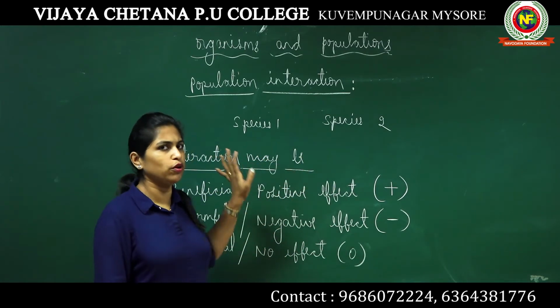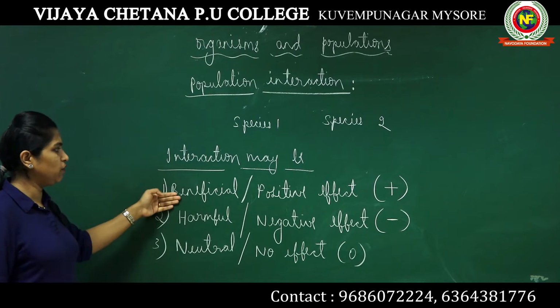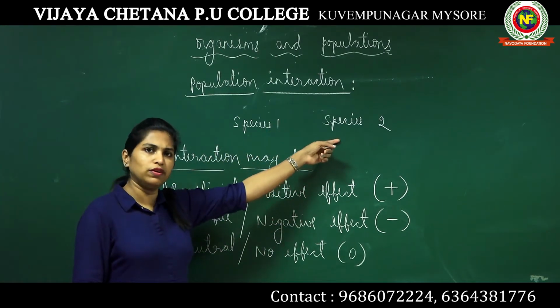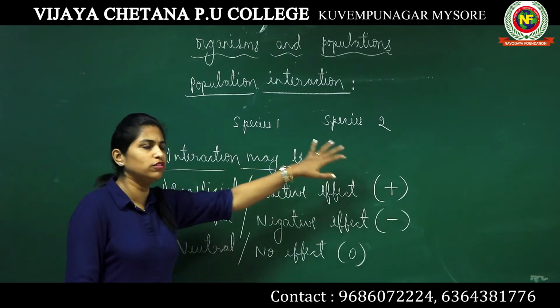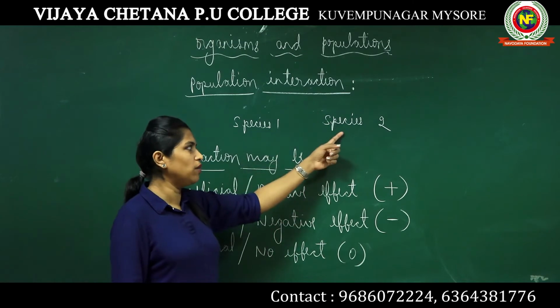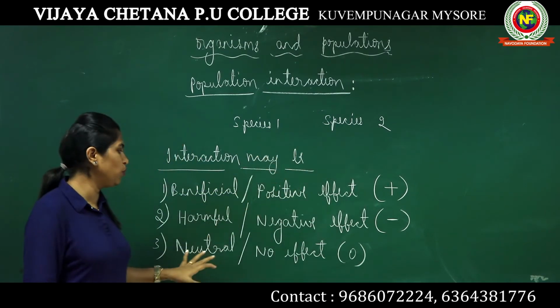Population interaction could be of three types. It is beneficial interaction, that means it is either beneficial to species 1 or to species 2 or to both the species. Harmful, it is either harmful to species 1 or harmful to species 2 or harmful to both of them.